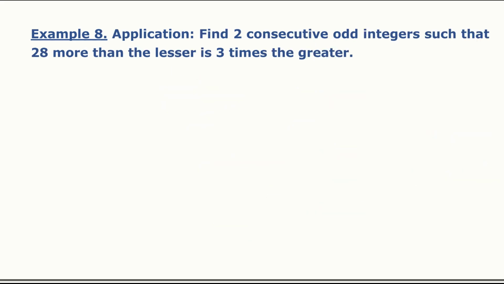All right. So here we have an application of linear equations, and we want to find two consecutive odd integers such that 28 more than the lesser is 3 times the greater. The game plan for solving applications of this type will be, first of all, to understand the problem, exactly what is given and what is wanted.